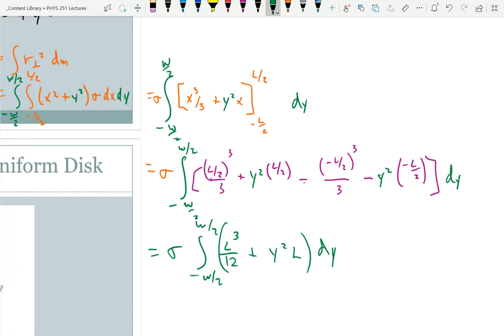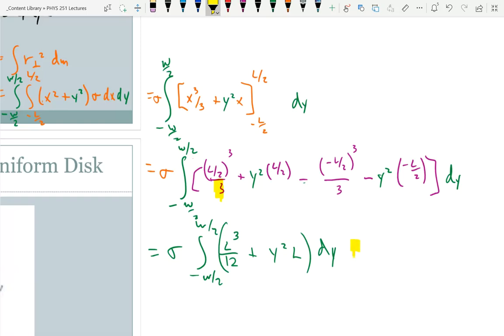There was the 3, right? So L over 2 cubed is L cubed over 8, and then I had 2 of them because of the upper and lower limits. And so that made L cubed over 4, and then 4 times 3.